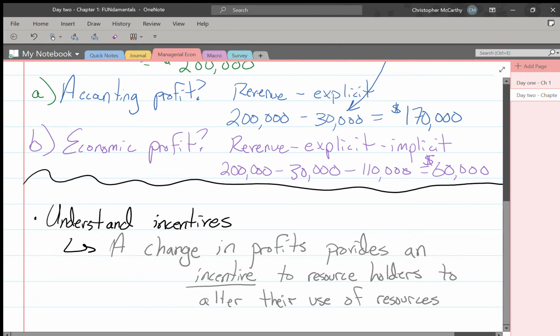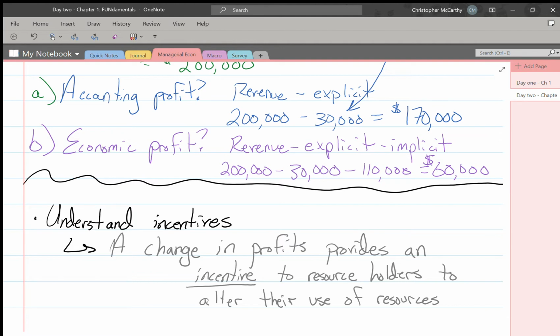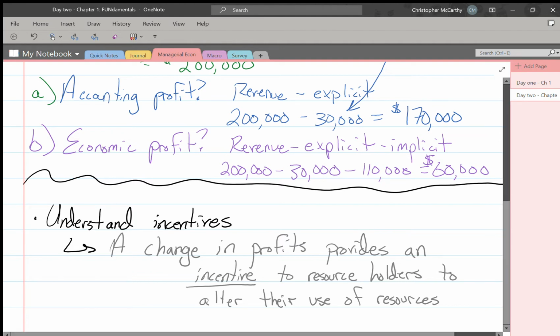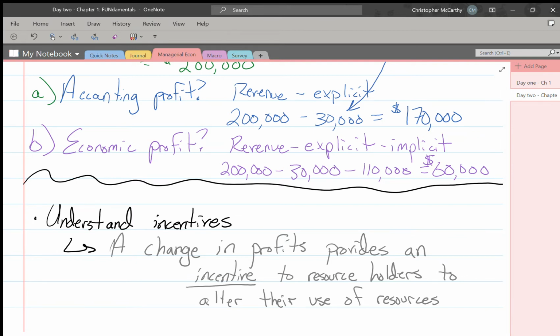If all of a sudden the price of, I don't know, I'm trying to think, if like the price of wheat goes up or something, then everybody's going to change their farmland from producing corn to producing wheat. So if it's more profitable, then you're going to switch your resources so that you can enjoy more profits.